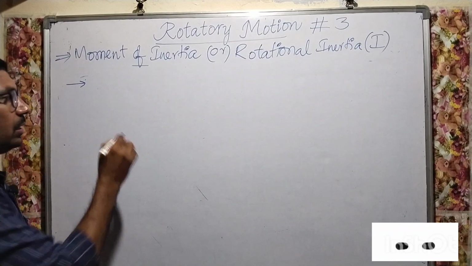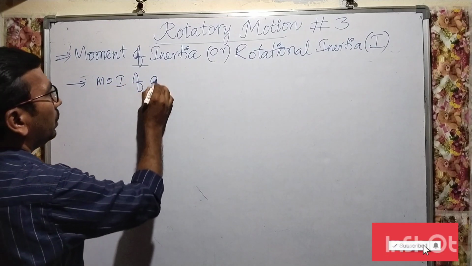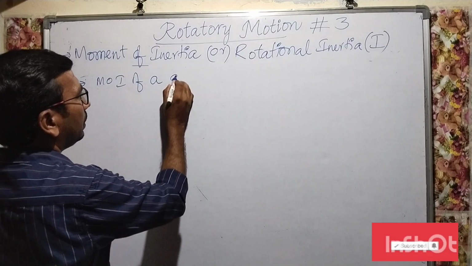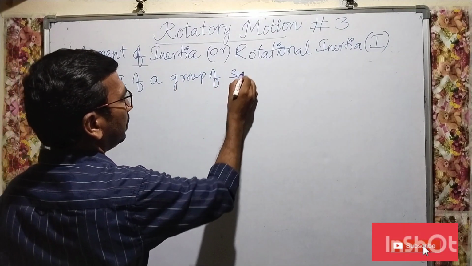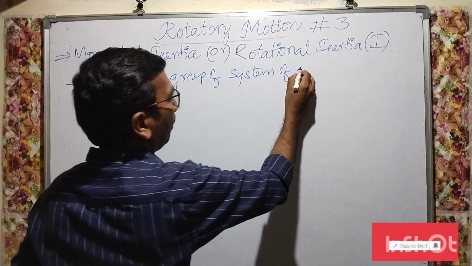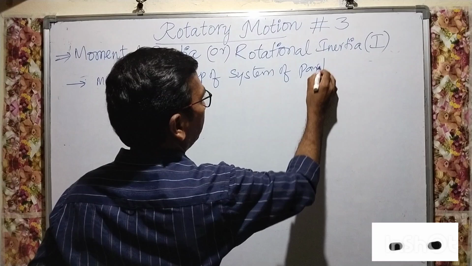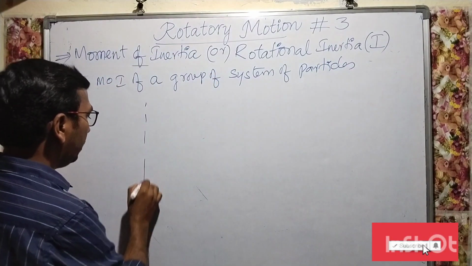Now the MOI of a system of particles. This is the axis of rotation.